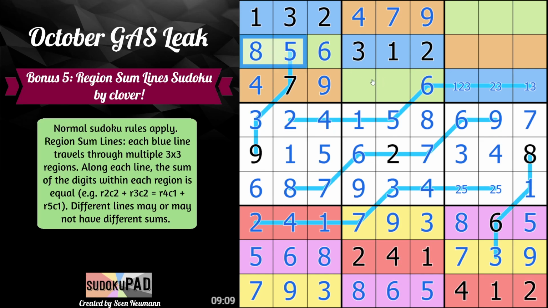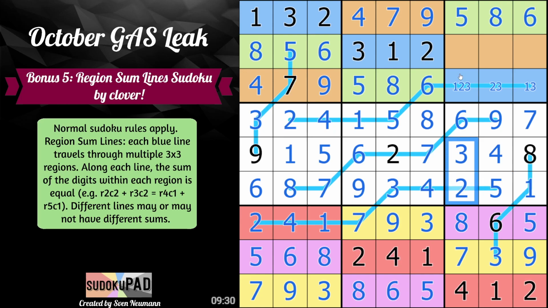And now we have 8 and 5 to place. 5 gives us 8 here, 5 here, and then we have 8, 5, 6. 8, 5 gives us 6, and then 8, 5 gives us 5 here, 8 here. The 5 gives us 2, 5.